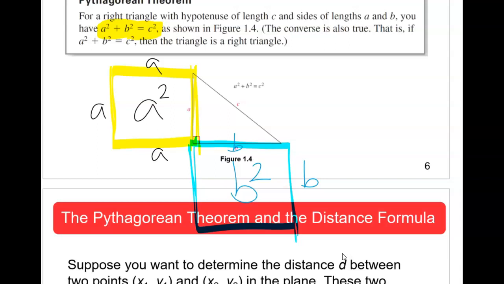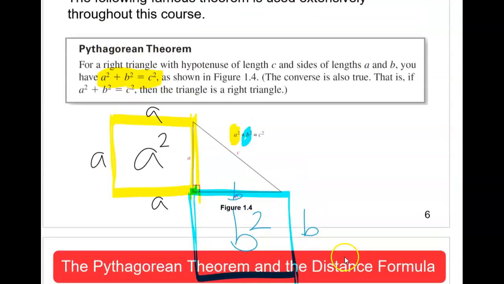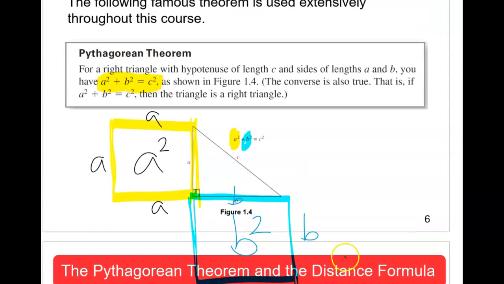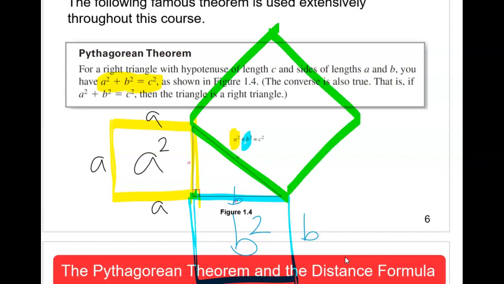So the idea is that if you add those two areas, you will get the same area of the square that we have here. So that will be equal to c squared.